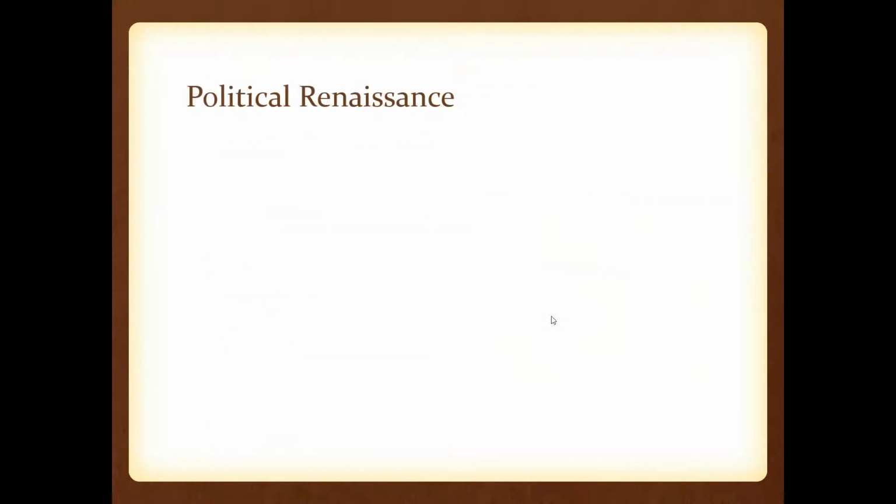And so with art, with philosophy and literature, you start seeing the winds of change move through Europe.